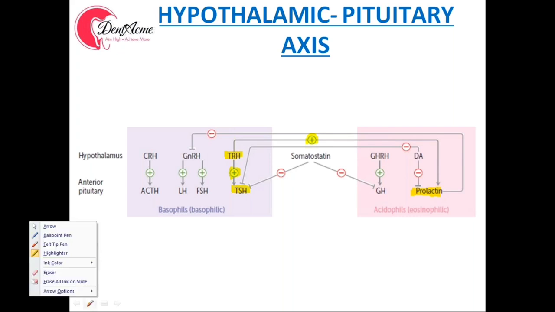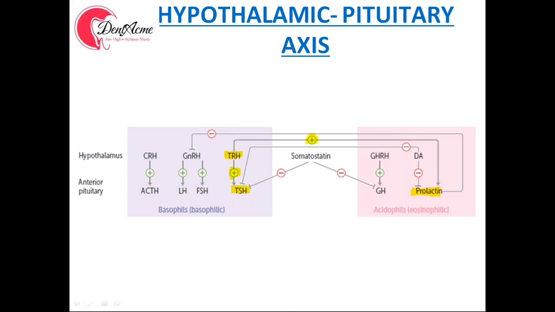So another thing which you have to remember here is that if TRH is increased due to any cause, we will talk about that, increased TRH also increases prolactin, and because of which there is hyperprolactinemia.